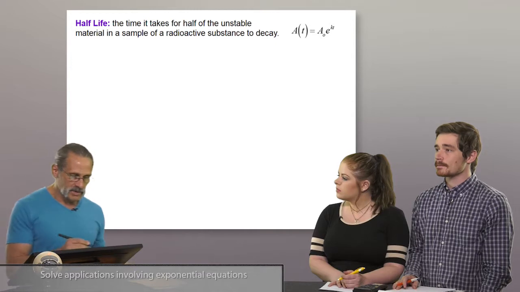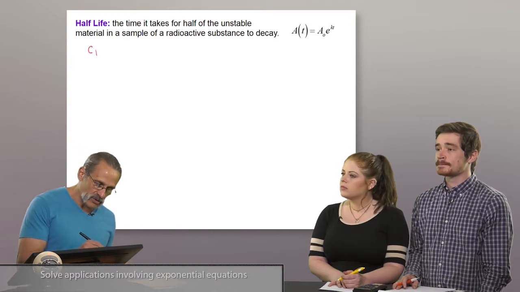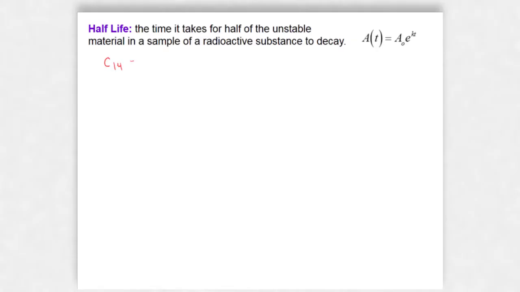For carbon, which is one that uses biology for dating, the half-life is 5,715 years. So we use an exponential equation, and the one we use is right here.